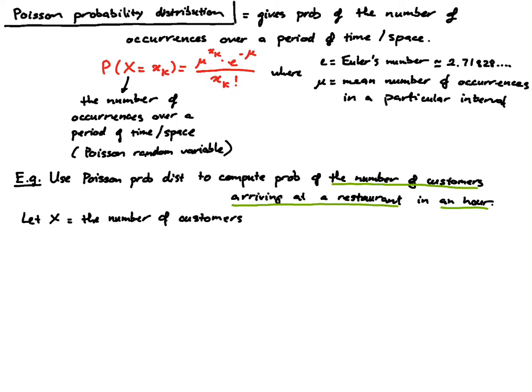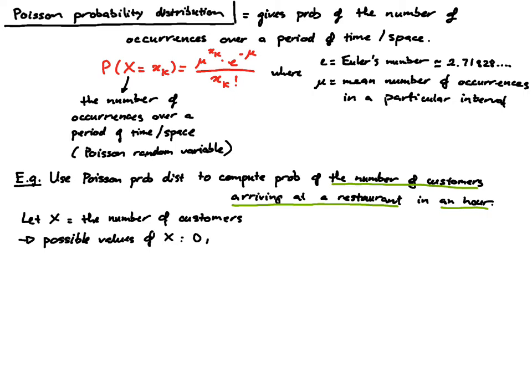Let's think about the possible values of this variable x. Think about a restaurant. In any given hour, there's a possibility that nobody shows up, so 0 is a possible value.